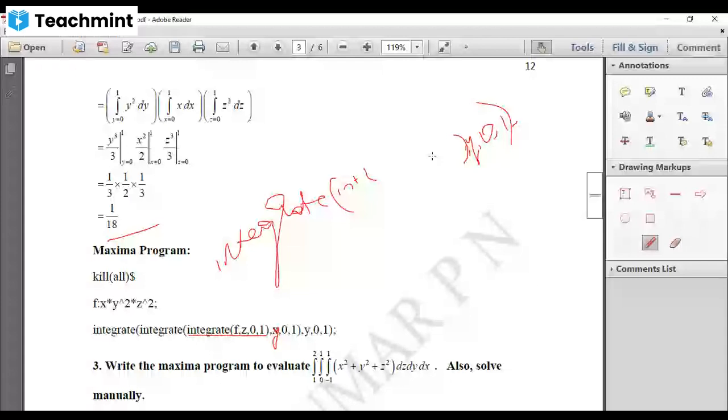What was your variable for this? x. So comma x, and you write the limit. Then within this, you write integrate. Within this, you take a bracket. Now you write your function, and the innermost one is z. You write all these. That gives you the answer. So like this, you have to write the program.